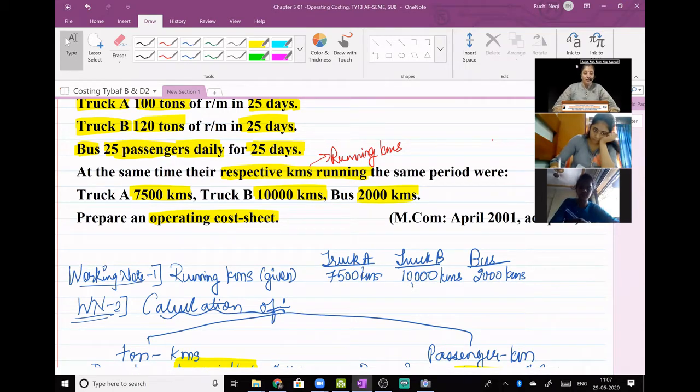Running kilometers is given in the question. 7,500, 10,000 and 2,000. Okay. And don't forget, your variable cost is dependent on this calculation. Running kilometers.